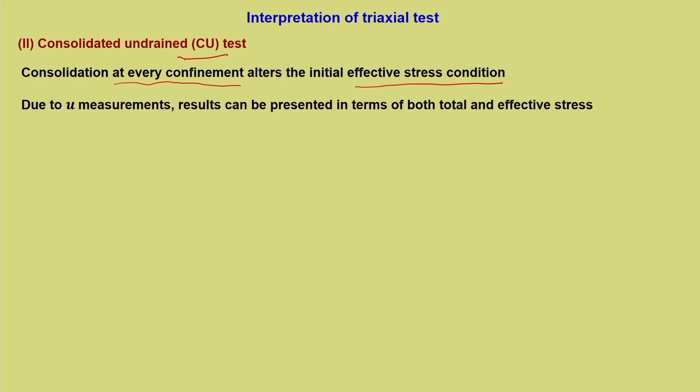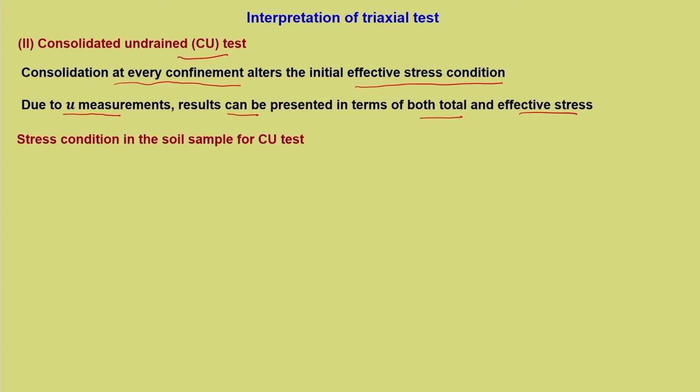Now the second part of this test, that is the shearing part, is at undrained condition. During undrained shearing, pore water pressure will develop, and the same is measured in this particular test. So due to this U measurement, we can present the result in terms of both total as well as effective stress.